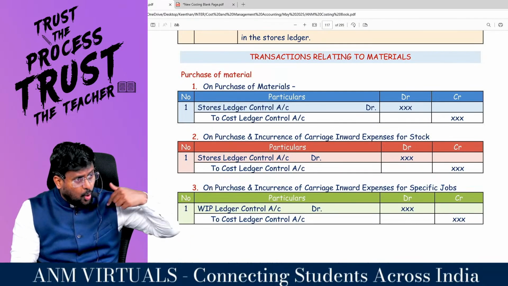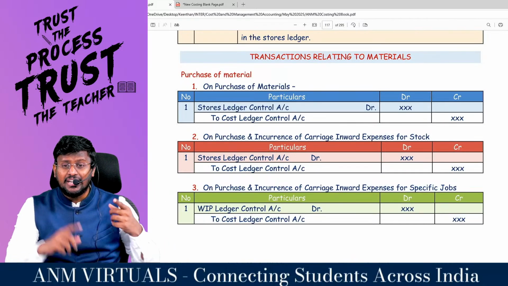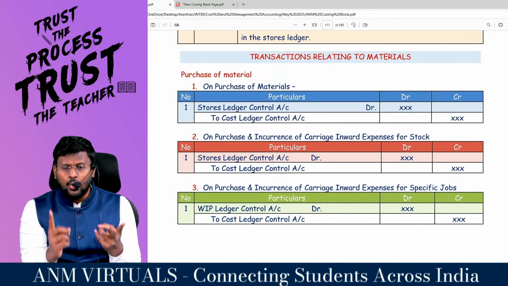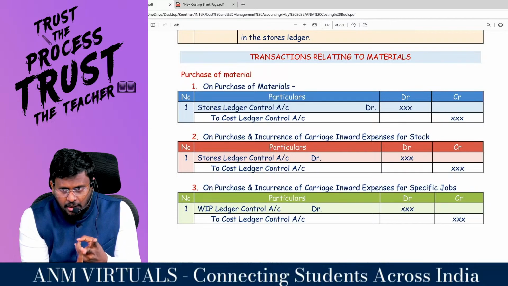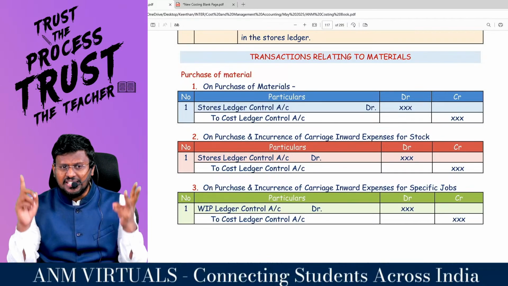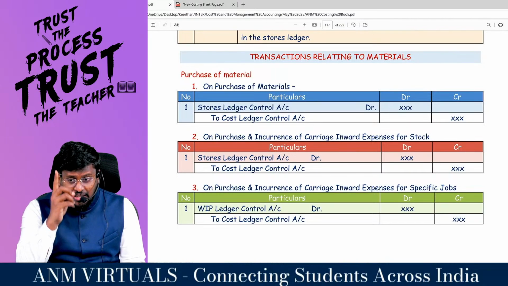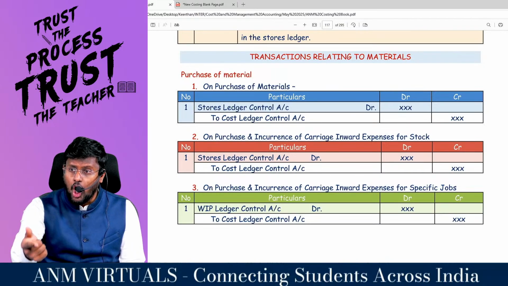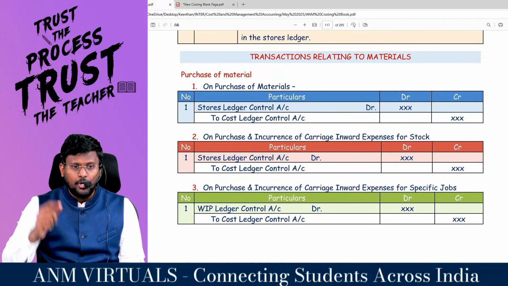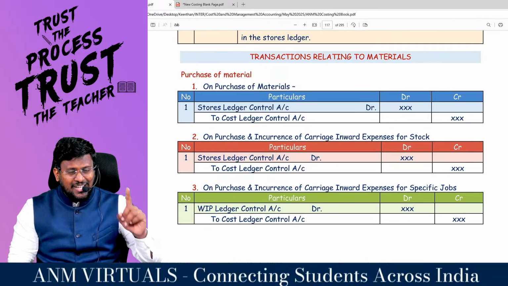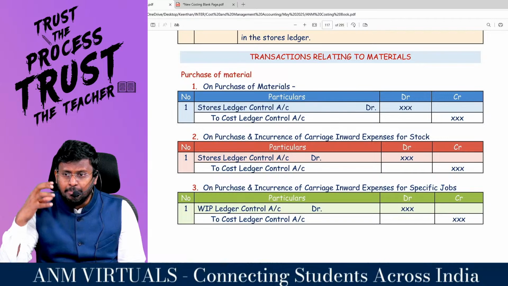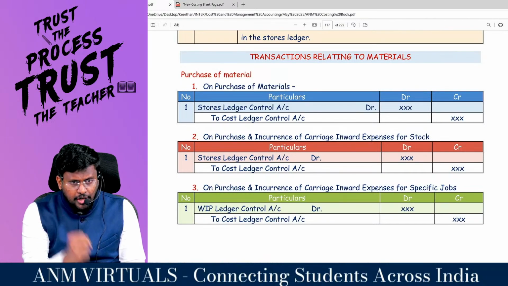In costing, I should know what overhead I have incurred at the factory, at admin, and at selling. Clarity, because the factory overhead should be absorbed by the cost of production, whereas administration overhead should be absorbed by the finished goods.